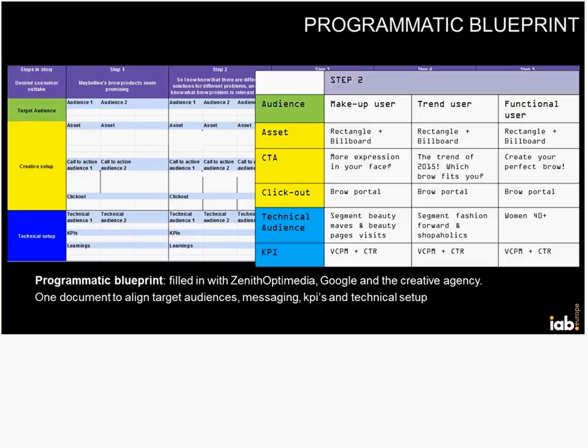The stakeholders were, of course, Zenith Optimedia, Google, and the creative agency. This brainstorm eventually resulted in a newly created framework, the programmatic blueprint, which you see on the slide.